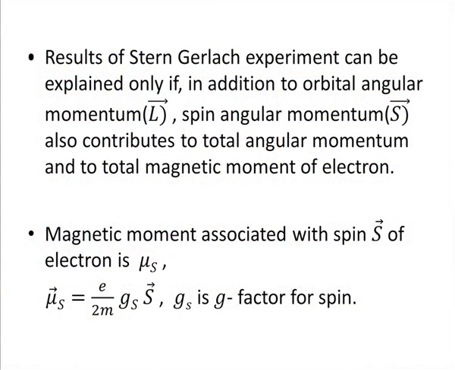Now, the results of this experiment can be explained only if, in addition to orbital angular momentum, spin angular momentum S also contributes to total angular momentum and to total magnetic moment. And then magnetic moment associated with the spin S of electron is mu_s, then mu_s = (e/2m) g_s S, and g_s is g factor for spin.